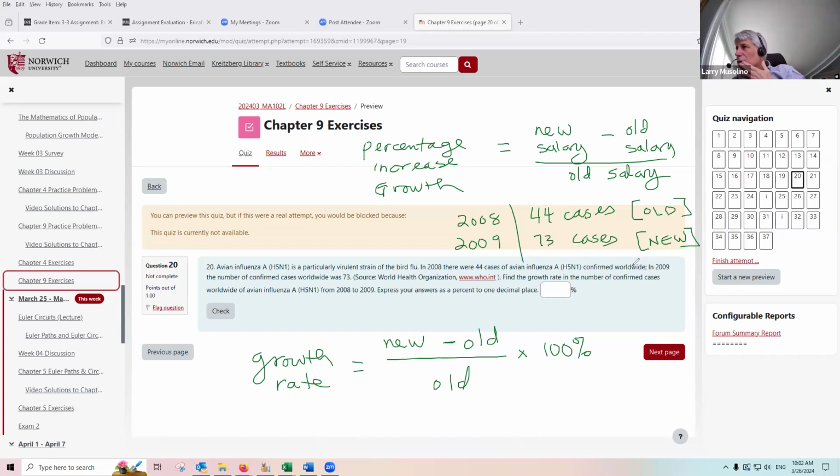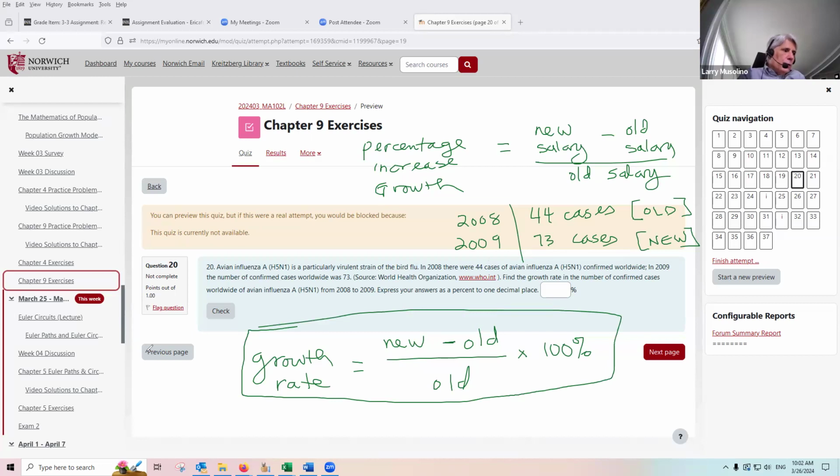That's the top of the fraction. If you take 5,000 and divide it by your old salary, let's say 50,000, 5,000 divided by 50,000 tells you that you got a 10% increase in your salary. Okay. So anyway, let's use this formula down here on the bottom. This is in the textbook also for growth rate.